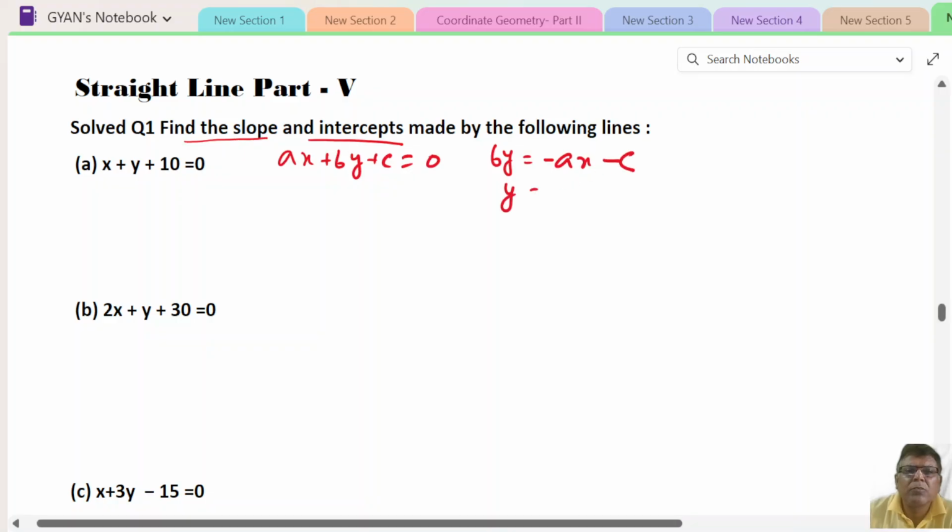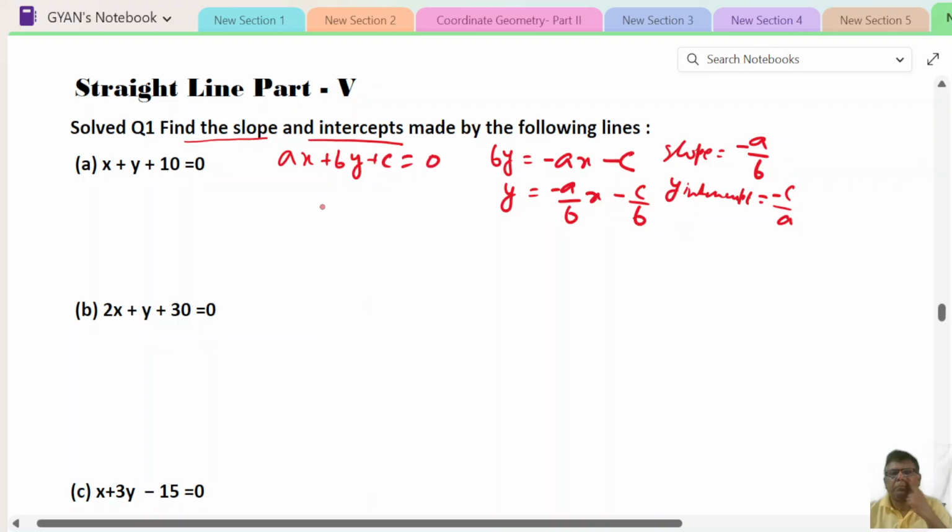So y is equal to minus a by b x minus c by b. Then slope will be minus a by b and y-intercept is equal to minus c by b.